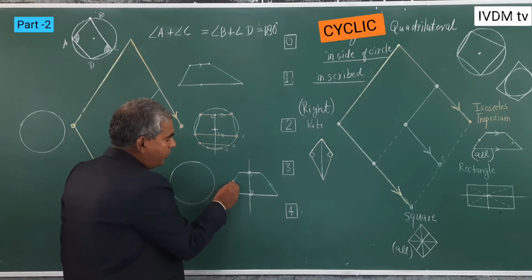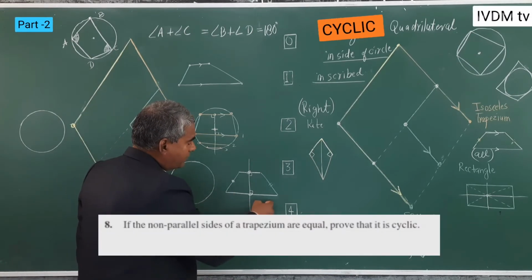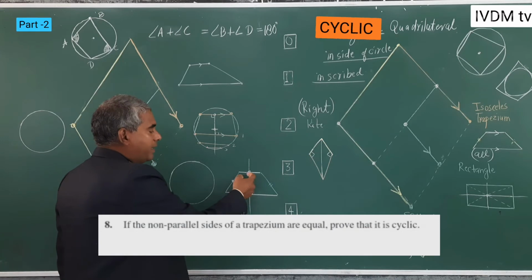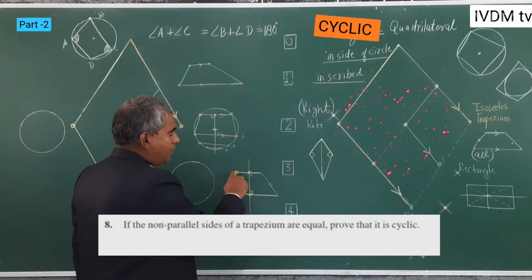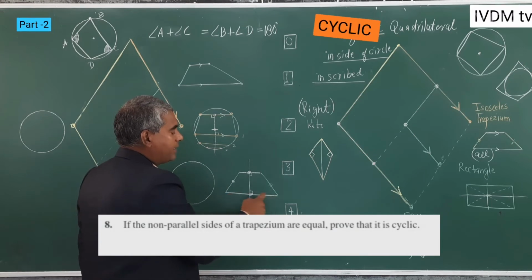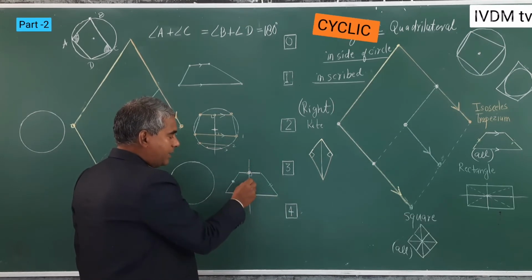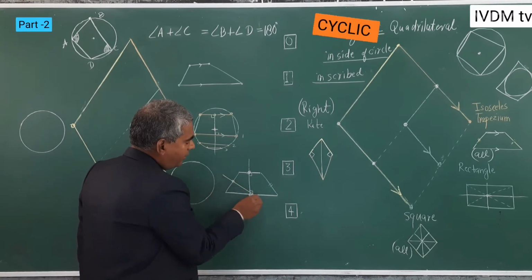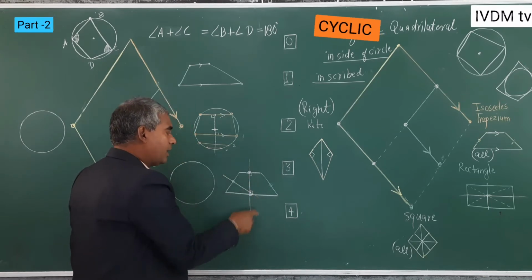And if you join the midpoint, because you have to make a circle which will touch the vertices. Just like in a triangle, if you have to make a circle which touches the vertices, you have to draw the perpendicular bisectors of all the sides. So these will coincide, and when you draw the perpendicular bisector here, this will cut on this line.